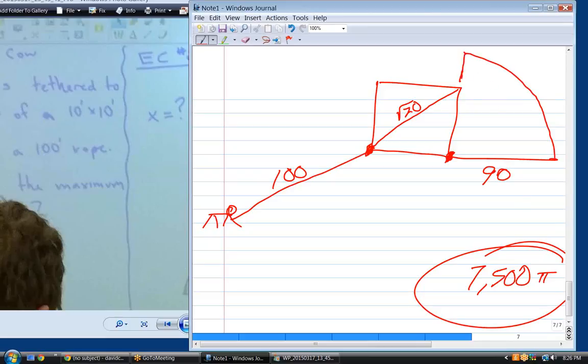So this distance here would be 80 from here to here, but it can clearly cover this whole area. In other words, a quarter circle of radius 90. So what is that? So we have 7,500 pi plus 1/4 90 squared pi. That's this area.